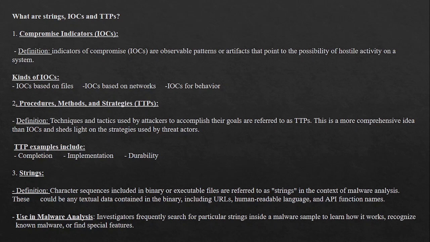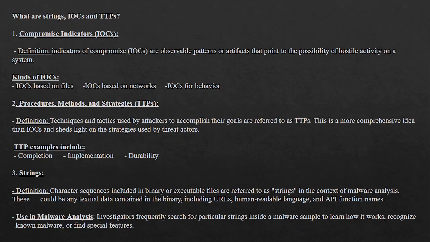So it is very important to have your EDRs on, because it's not going to help if your EDRs are not properly on. These are some types of IOCs: based on file, network, behavior, strings, or copies of strings or functions.